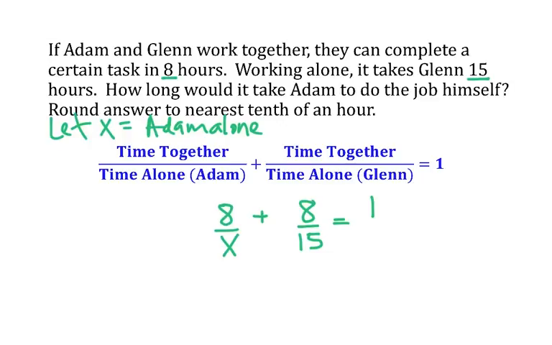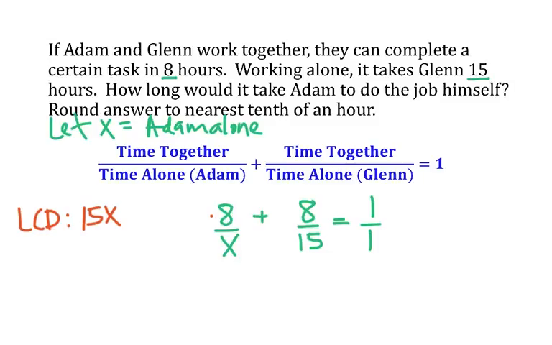If we use the strategy we've seen so far with solving rationals, basically we're going to be looking for a least common denominator. In this case our denominators are x, 15, and 1, making our least common denominator 15x. So I'll walk through the steps of changing each denominator to look like the LCD, and then we can multiply the whole equation by the LCD, getting rid of the fraction part.